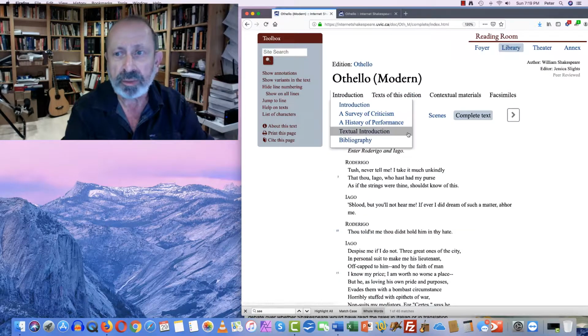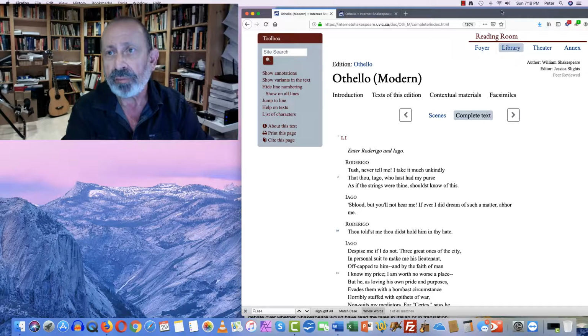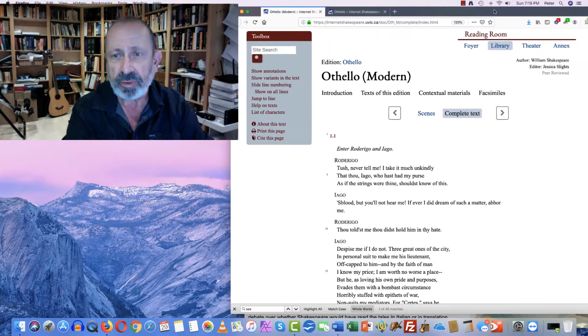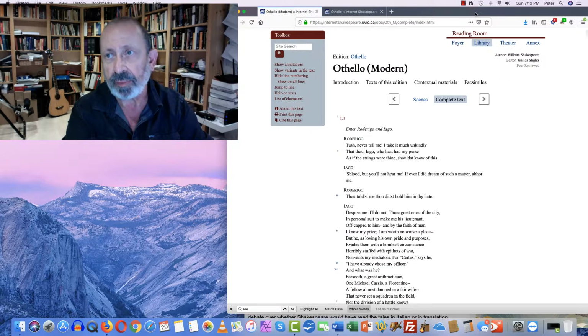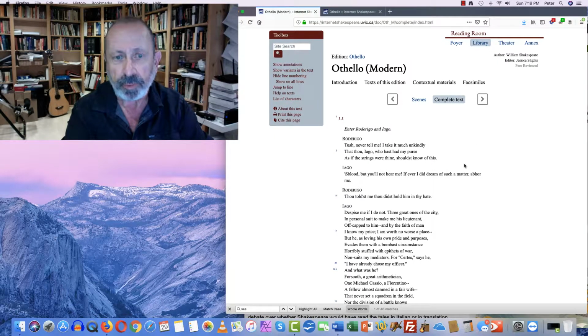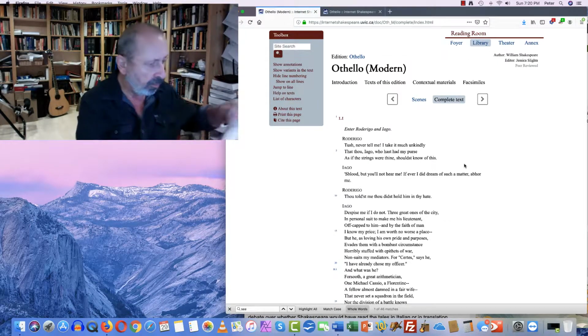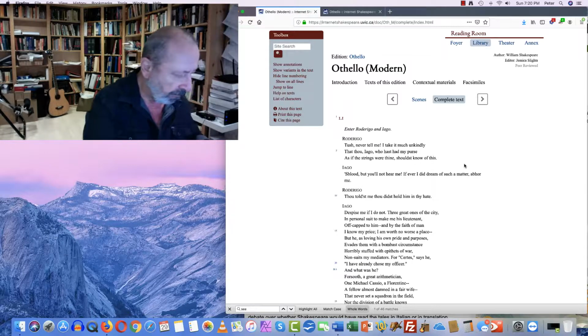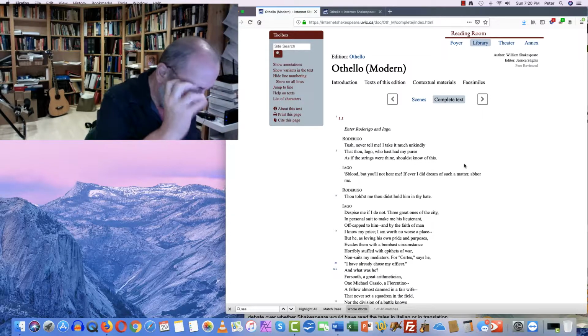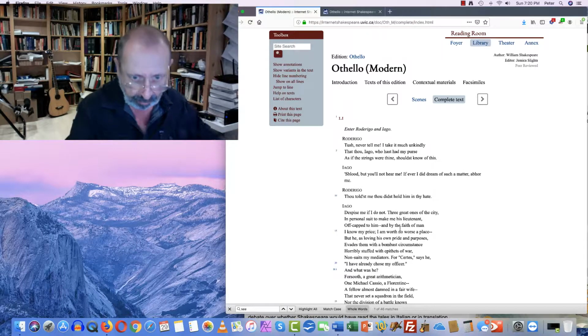So when you get to the play, the first thing it's going to do is give you simply Act 1, Scene 1. But I like to see the whole play. So you just click on Complete Text, and then the whole play will appear for you. And I'm just going to do a word search here because I want to get to Act 2, Scene 1, She That Was Ever Fair.